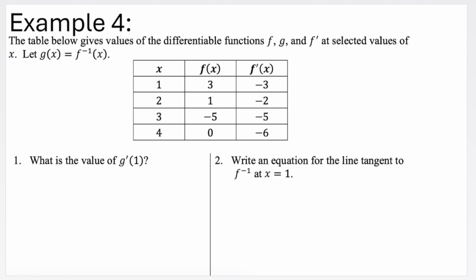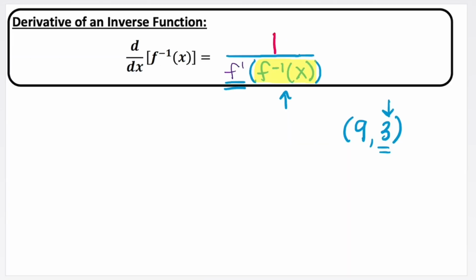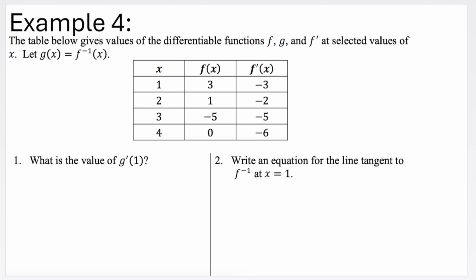I'm going to be referencing this property a lot throughout these next few examples. Example 4 says the table below gives the values of the differentiable functions f, g, and f prime at selected values, and that g of x is the inverse of f of x.